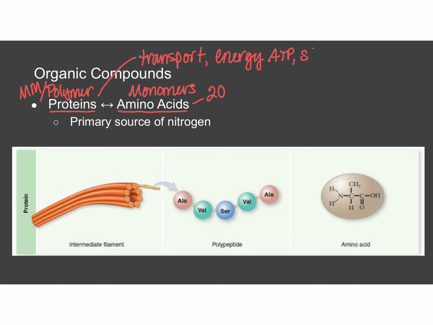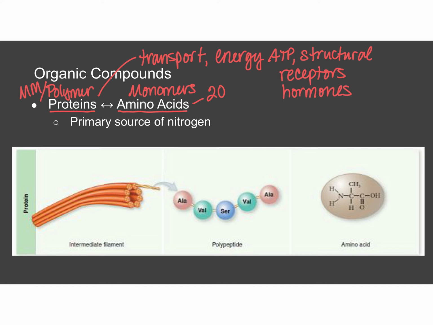They can be structural. For example, your muscles are made up of actin and myosin, which are proteins that allow your muscles to contract. They can be receptors, et cetera, et cetera. So they can do a lot of different things for the body. Oh, they can be hormones too. I forgot to mention that, hormones.